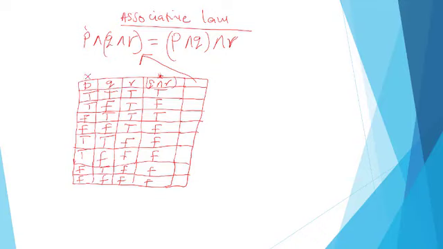This is P and this group. So true, true is true. True, false, false. Remember, it's and. The rest are false, and false, false is false. So this is the value of this.